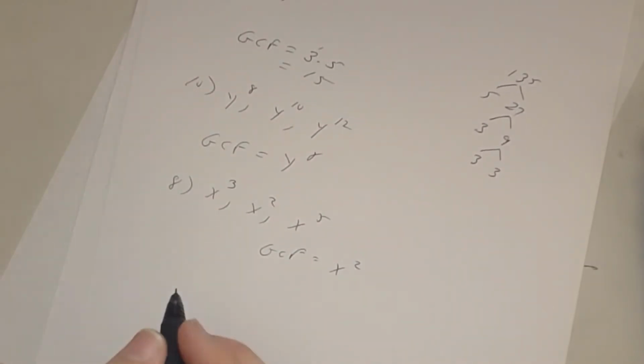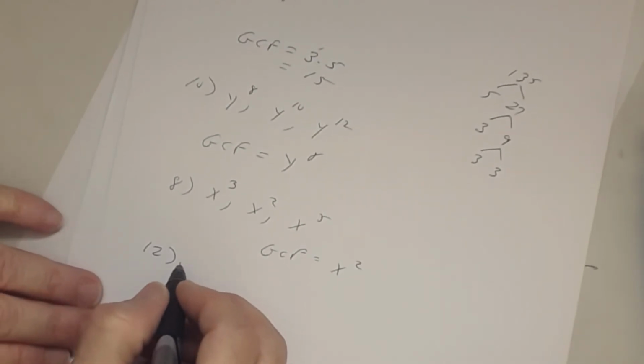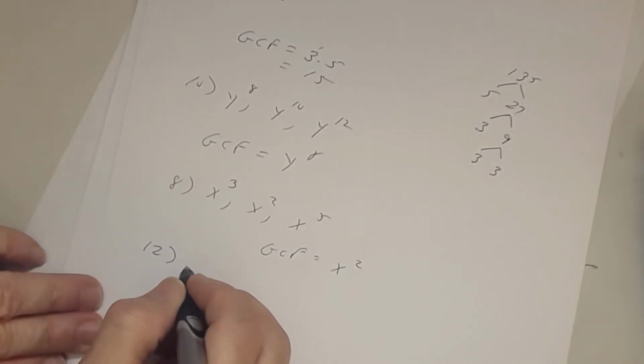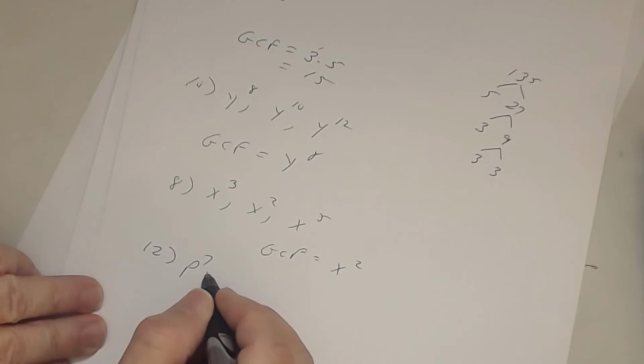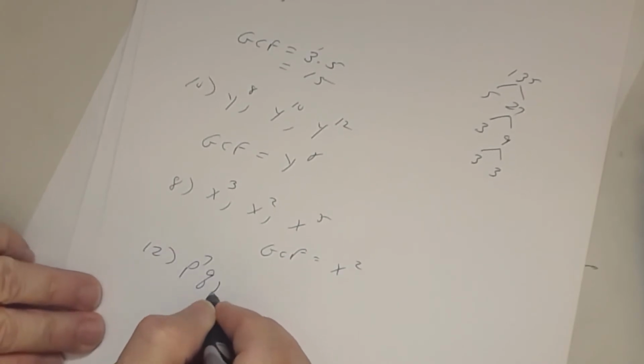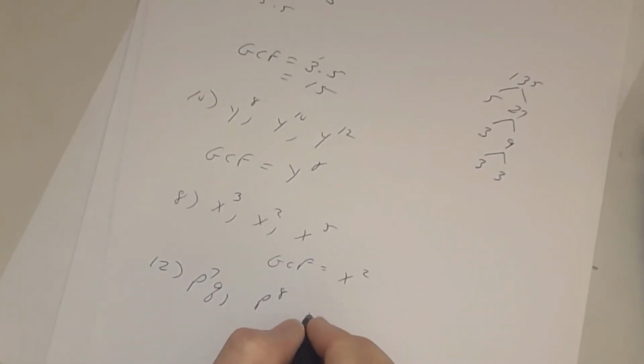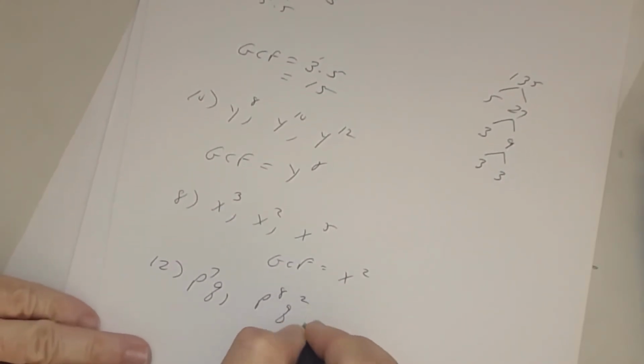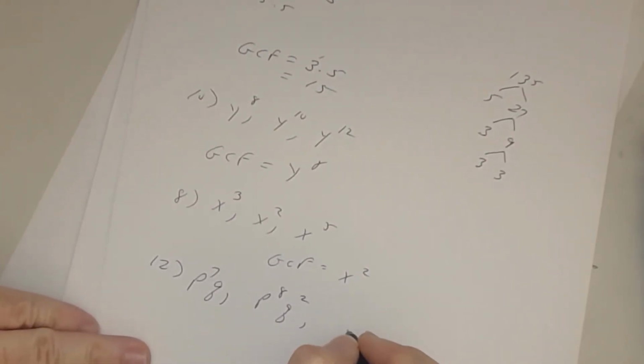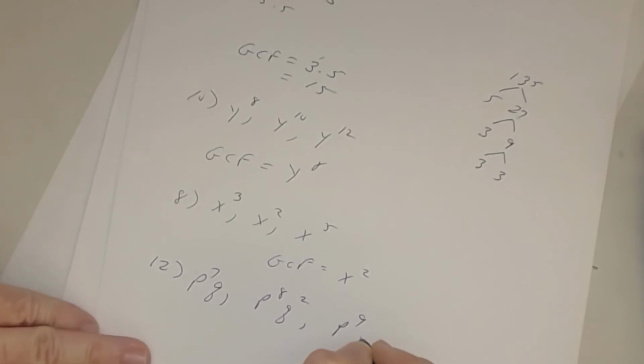Number 12. You have p to the 7th times q, p to the 8th times q squared, p to the 9th times q to the 3rd power.